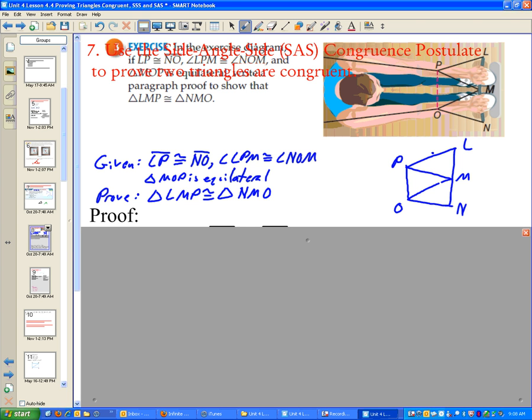Segment LP is congruent to segment NO. Angle LPM, that'll be this one here, is congruent to angle NOM, this one. And I don't really know how to label that triangle MOP is equilateral, other than labeling that all three sides are congruent to each other. So that one, and that one are all congruent to each other.